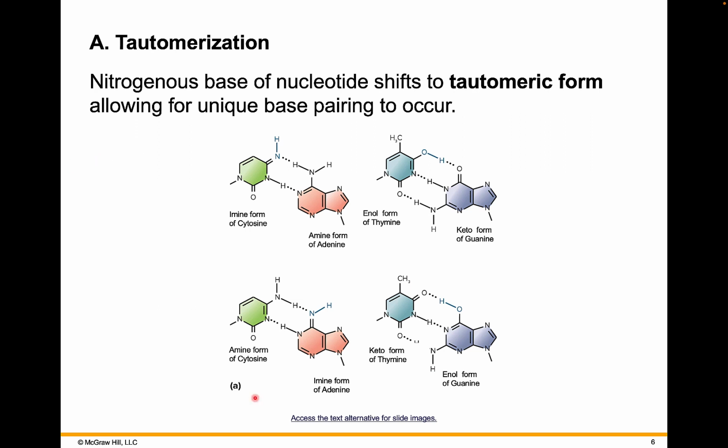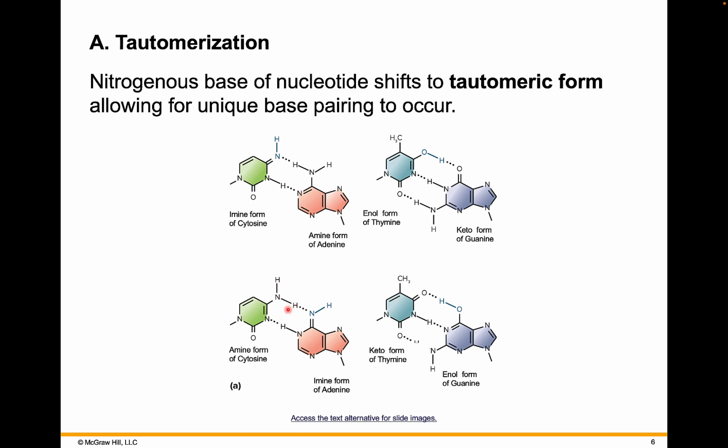Now let's take a look at this. This is the amine form of cytosine, and it contains an NH2 right here.